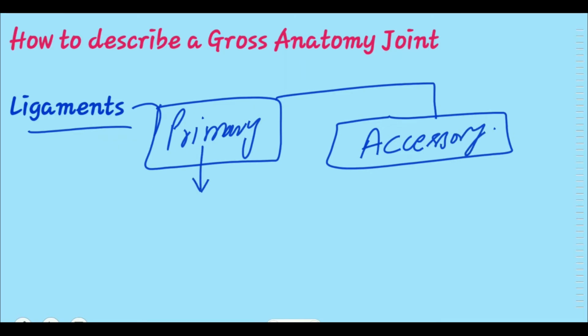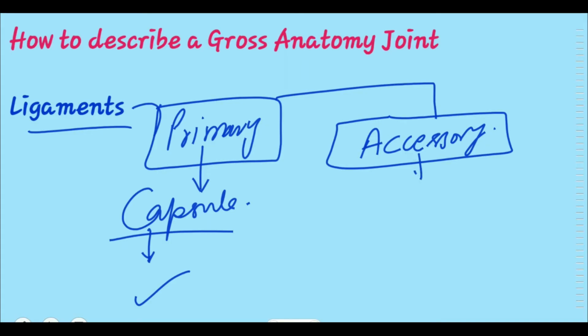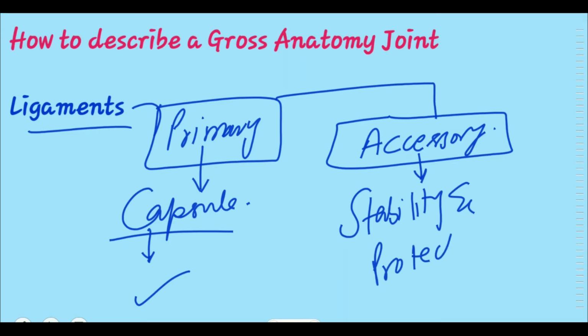The primary ligaments are the capsule, and other ligaments that merge with the capsule or are just thickenings of the capsule. What are the accessory ligaments? The accessory ligaments don't make any connection with the capsule, but they are involved in the stability and the protection of the joint.